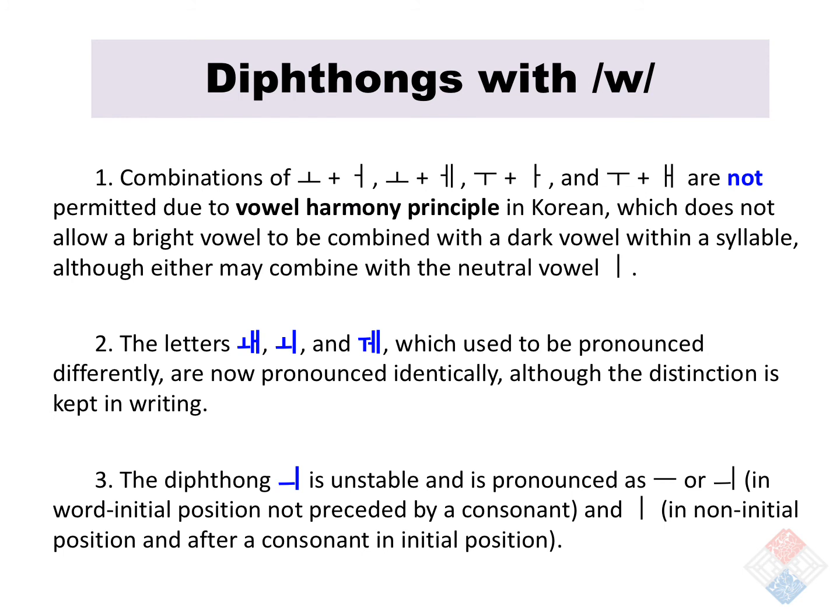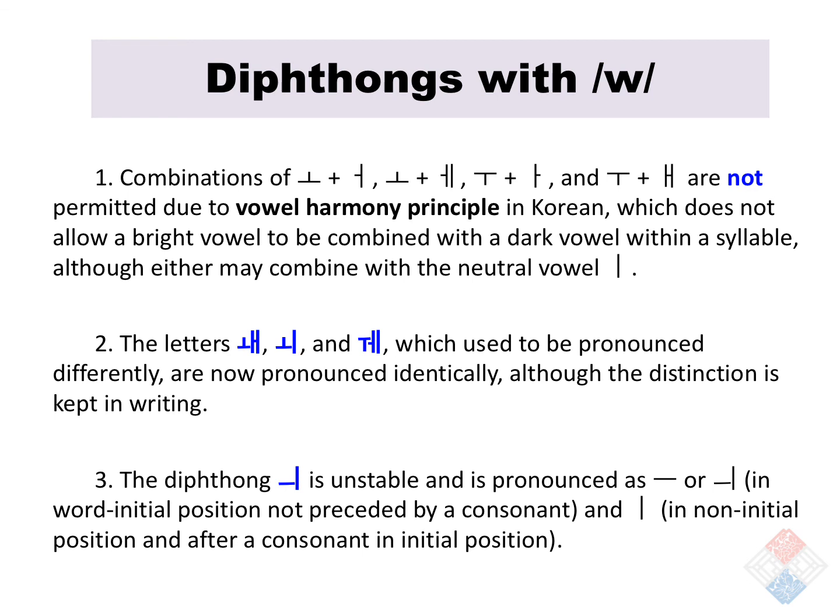Combinations of o and o, and we, u and wa, and u and e are not permitted due to the vowel harmony principle in Korean. I don't even know if you need to be introduced to this. This is really complicated. But remember we talked about bright vowels and dark vowels? See, o is bright, u is dark. They don't go together.